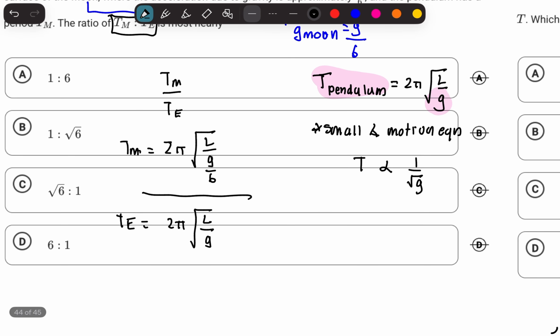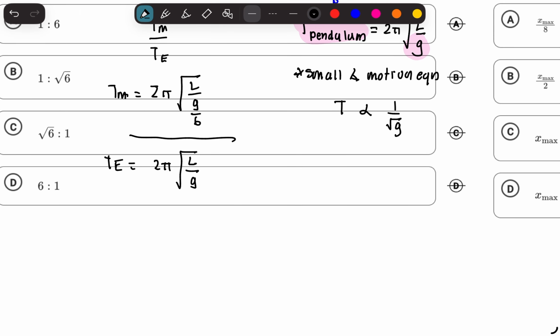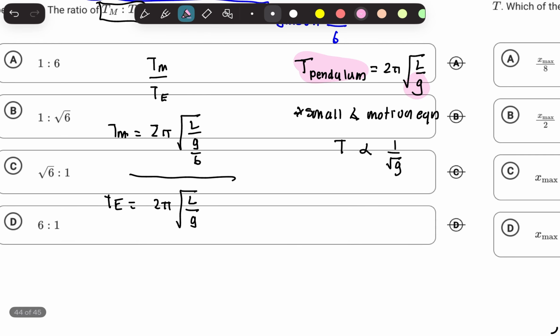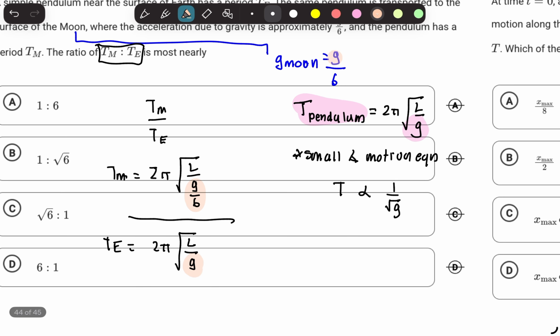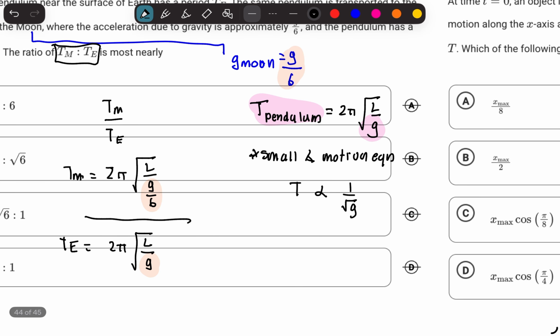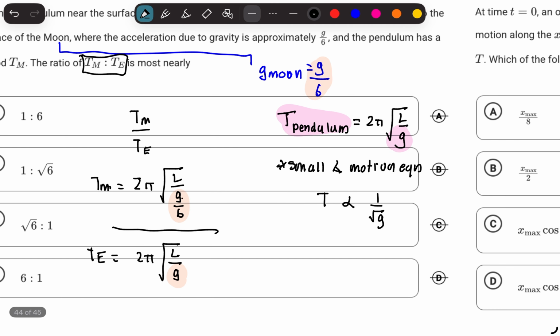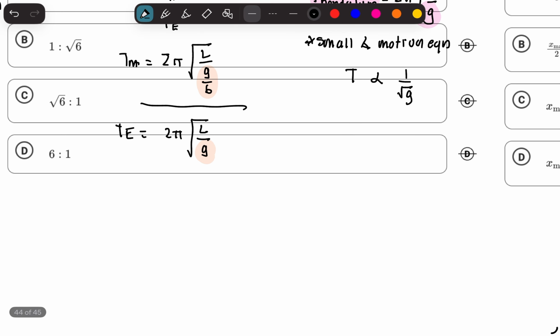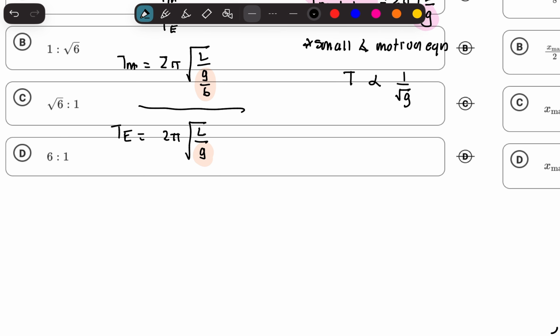So now, after this, you're just looking at what the difference is. And the reason why that's g over 6 is because you're just taking your g. These are both your g's, but your g over 6 here is different. So you're always going to plug in g there. But here, for the moon, that is a sixth of it. But for the Earth, that is just the normal one. That is the reference of what we're comparing it to. So it's just still going to be g. So that's the reason why.